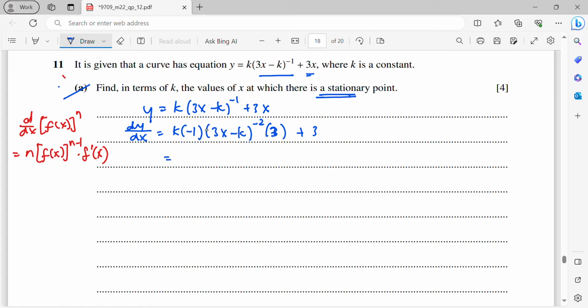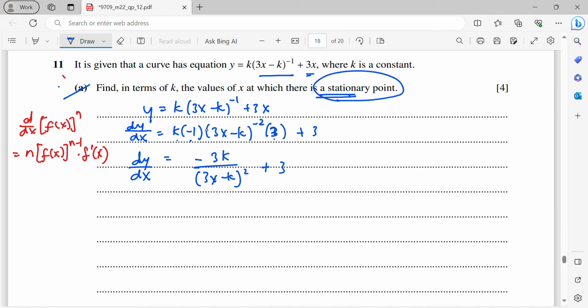So now I will simplify. k times -1 times 3 will be -3k, and there is a power of -2 for the bracket. So I will write it over (3x minus k) to the power of 2, positive 2 because I already moved down the function. Then +3. This is the dy/dx.